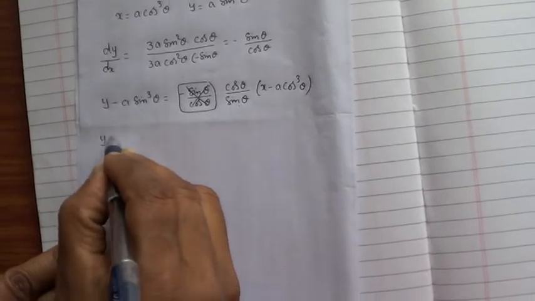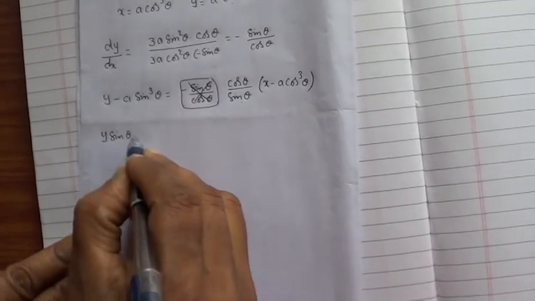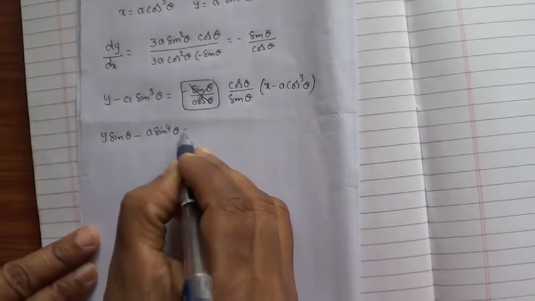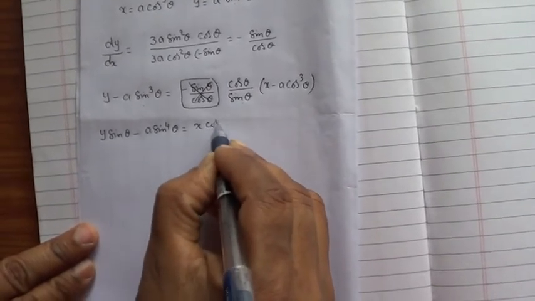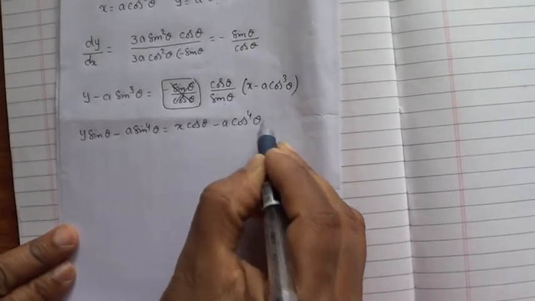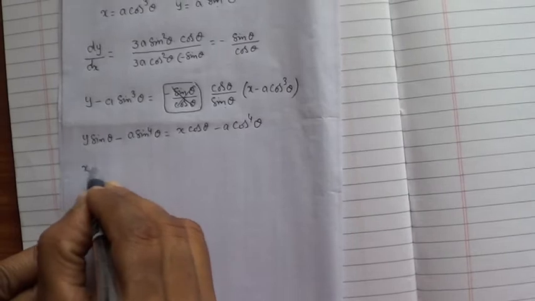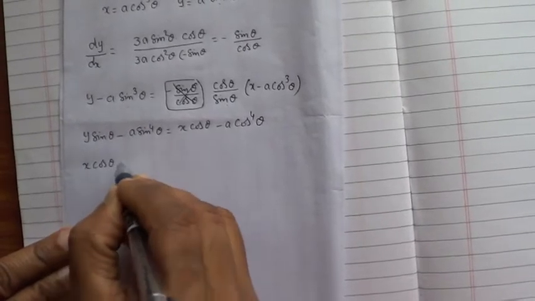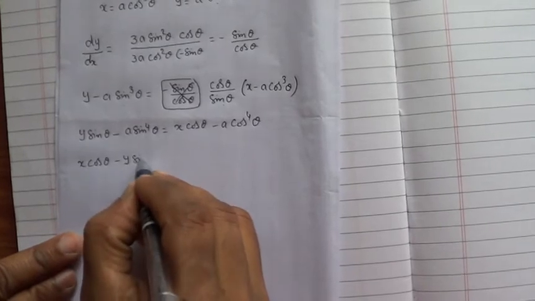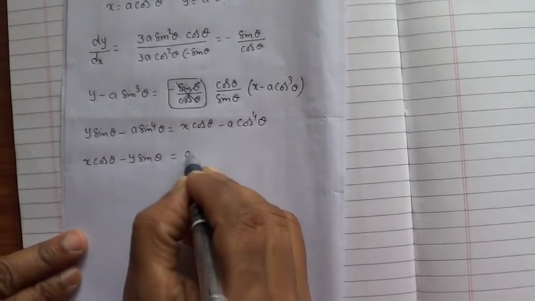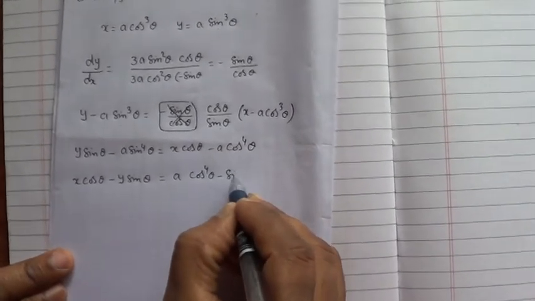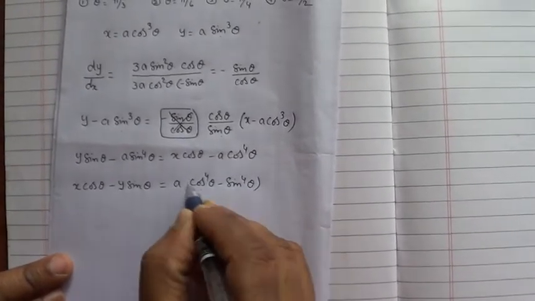Now cross multiply. y sin theta minus a sin to the power 4 theta equals x cos theta minus a cos to the power 4 theta. Now simplifying, x cos theta minus y sin theta equals a into cos to the power 4 theta minus sin to the power 4 theta, right?